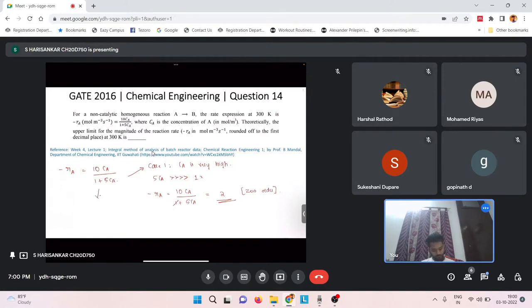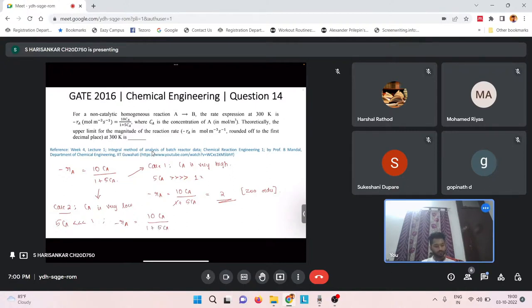Now case 2 is when Ca is very low. In that case, 5 Ca will be much less than 1, and the reaction rate is 10 Ca by 1 plus 5 Ca.